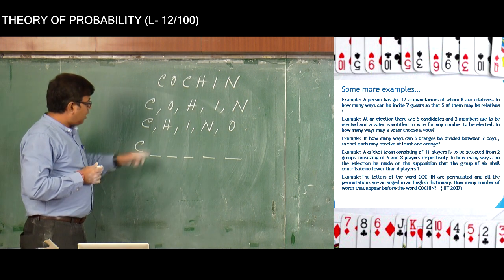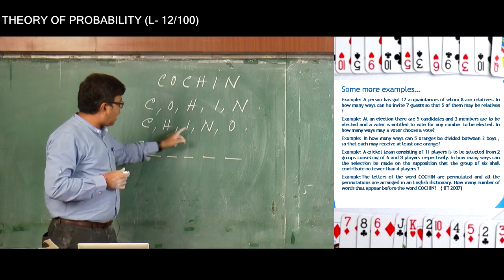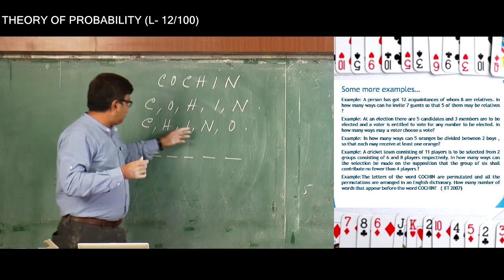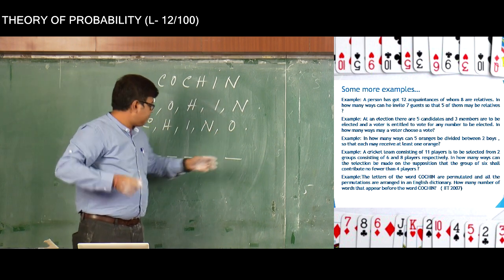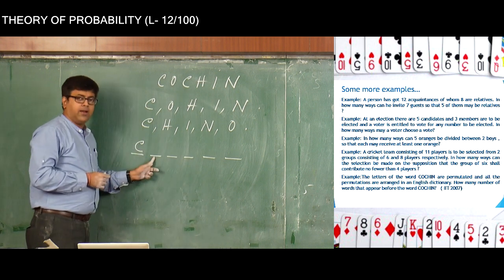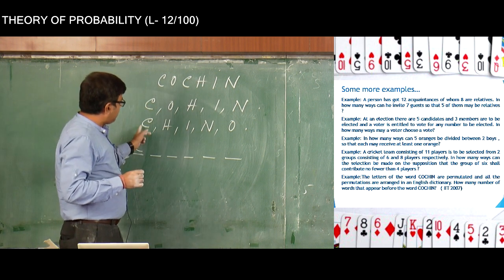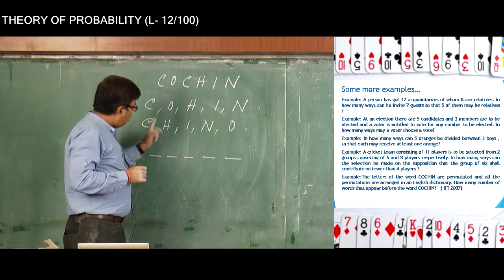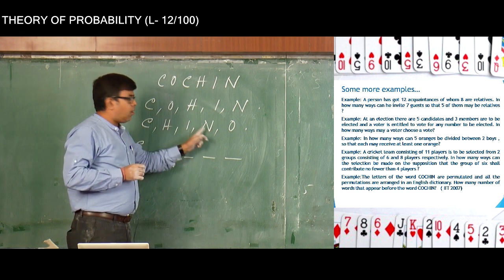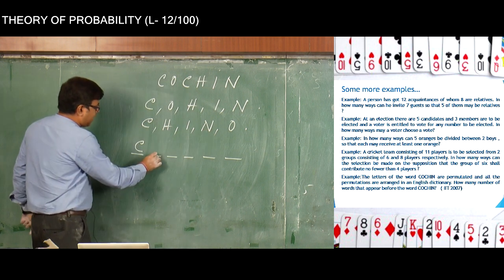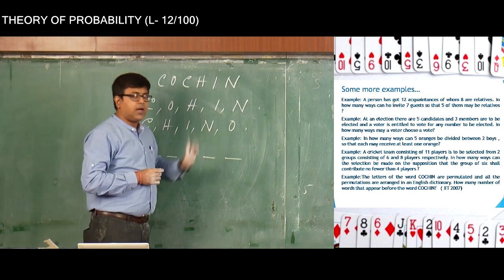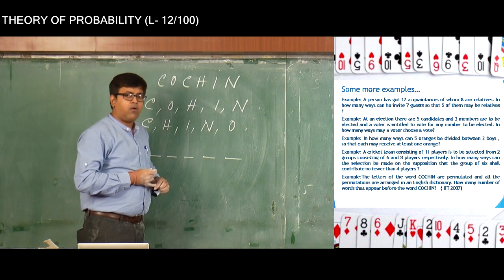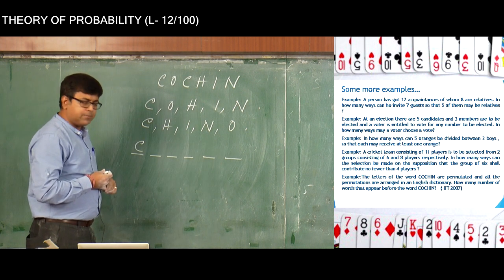Simply because C, H, I, N all precede the alphabet O in the English alphabet. So, in this position, we can fill either C or H or I or N. So, there are 4 ways that I can fill this particular place, before I fill the alphabet O to form the word Cochin.